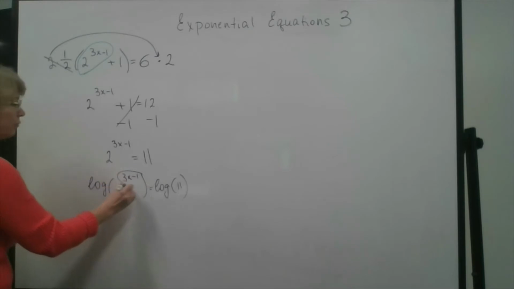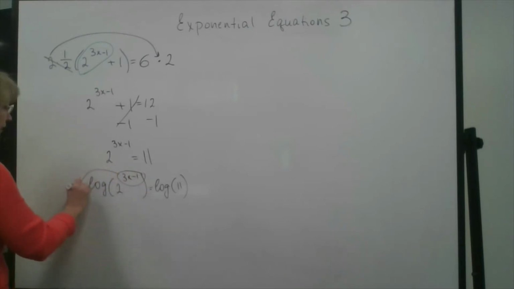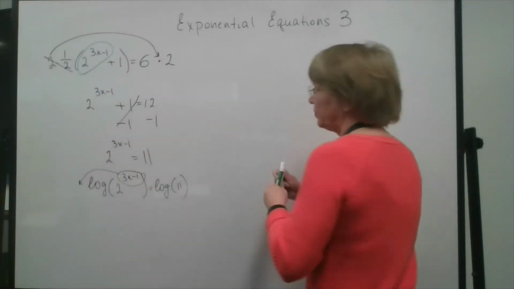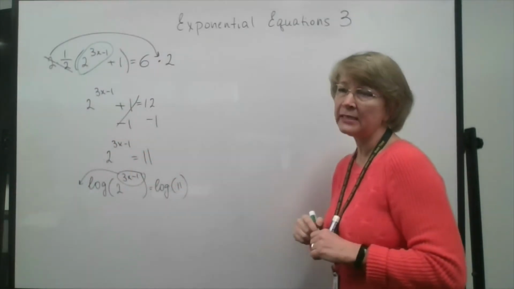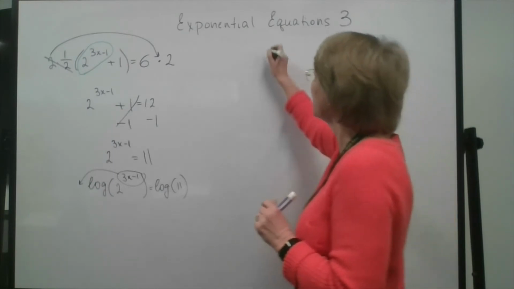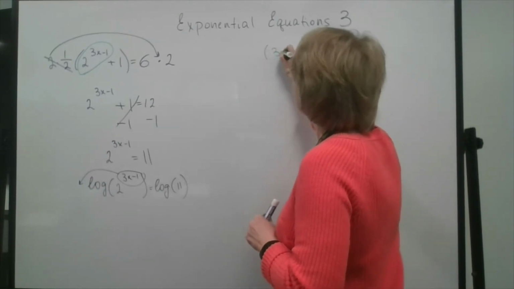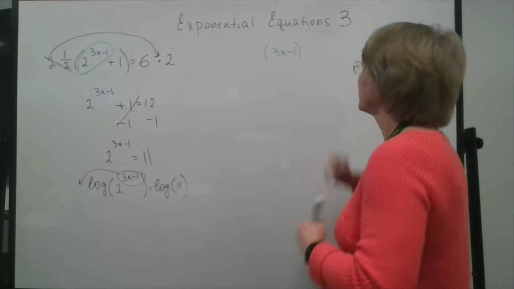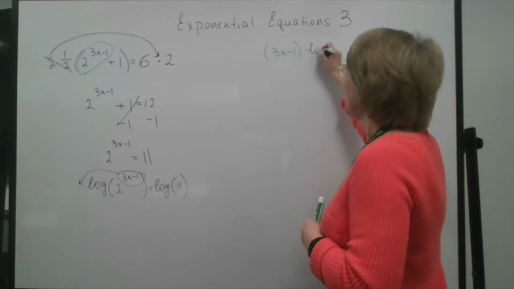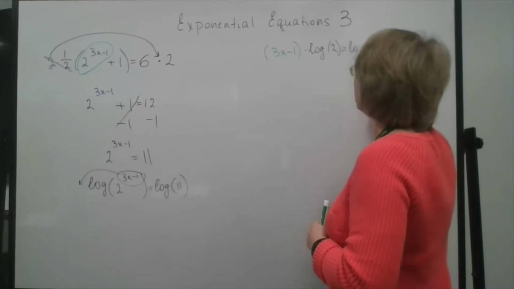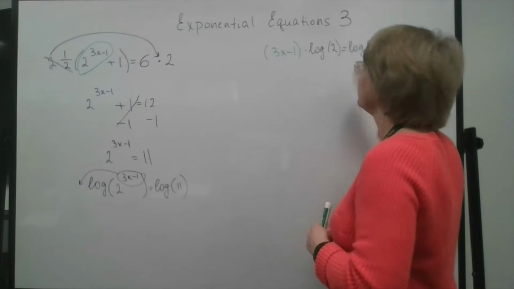We have to move the exponent in front of the logarithm. And remember, I started putting exponents inside of parentheses. This is extremely important for this kind of problem. Times logarithm of 2 is equal to logarithm of 11.